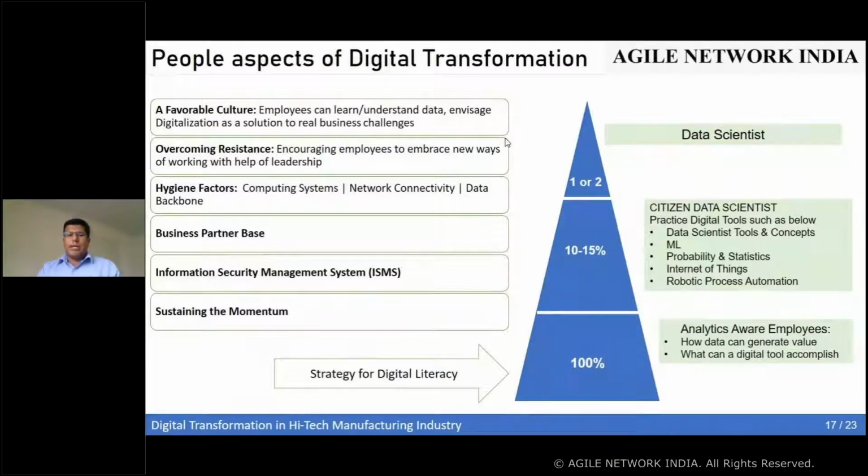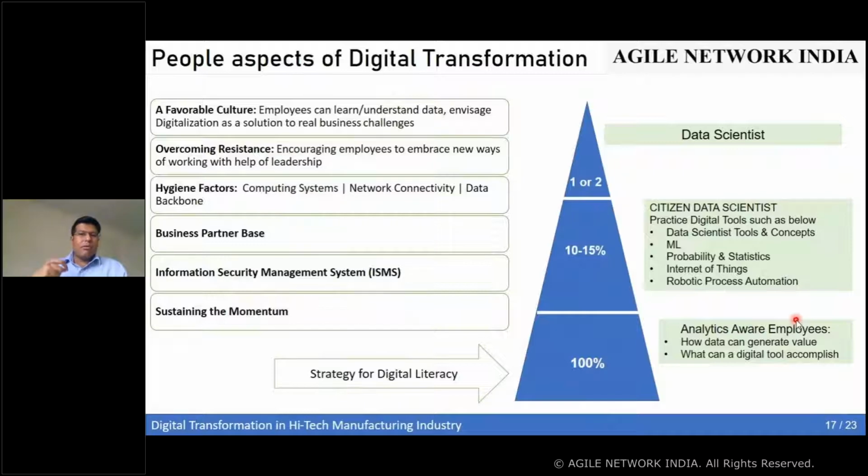Let me draw your attention first to this pyramid, which is a strategy with respect to digital literacy that we articulated and which worked very well. We are trying to have 100% analytics-aware employees. That is, every person here knows what a dashboard is.